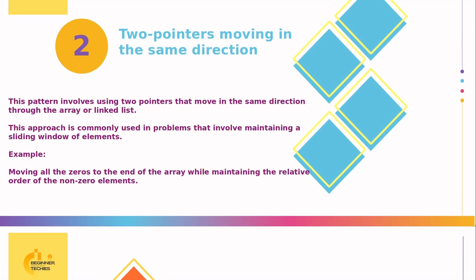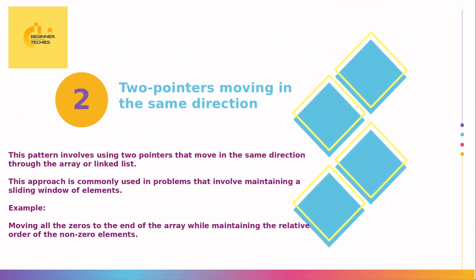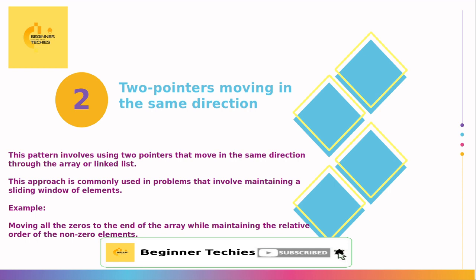The second one is two pointers moving in the same direction, and I have already used this technique in sliding window problems. Though we call it the sliding window technique, in sliding window we are using this approach only, two pointers moving in the same direction.